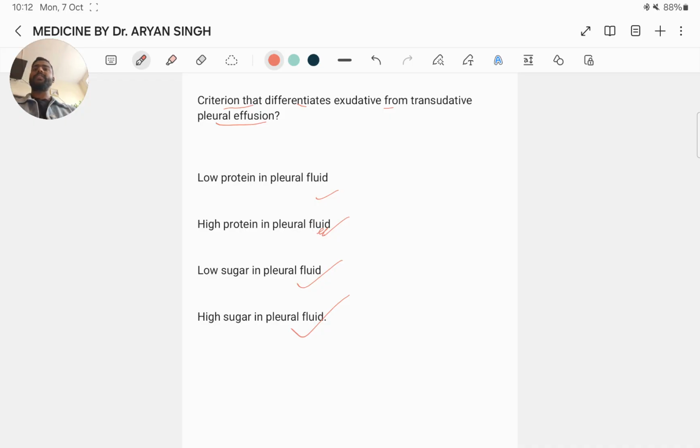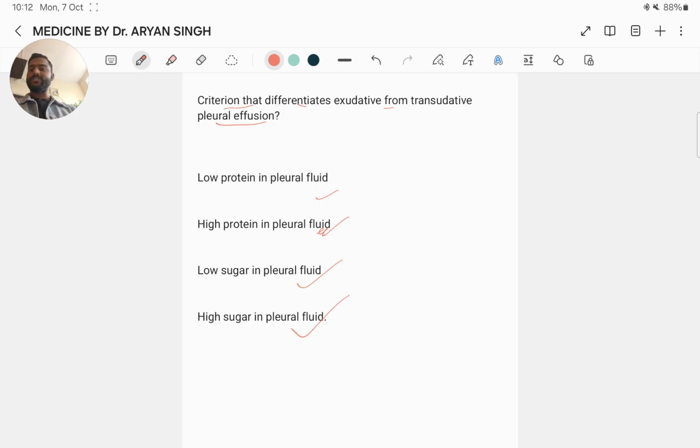Exudative pleural effusion occurs due to inflammation or infection, for example bacterial pneumonia, or malignancy. Light's criteria is used to differentiate transudative and exudative pleural effusion or hydrothorax. High protein in the pleural fluid indicates an exudative type of pleural effusion.